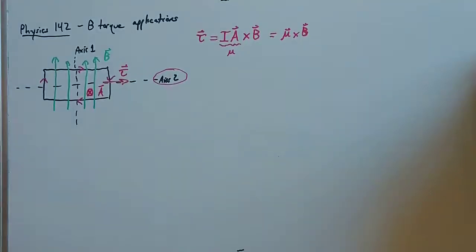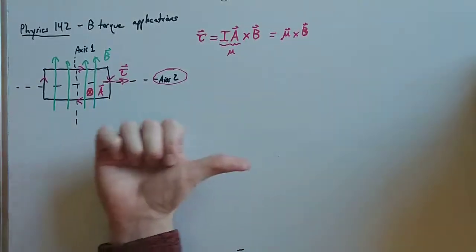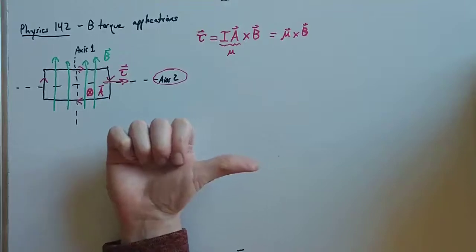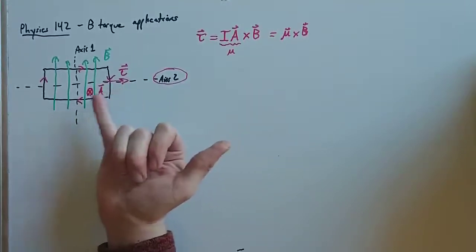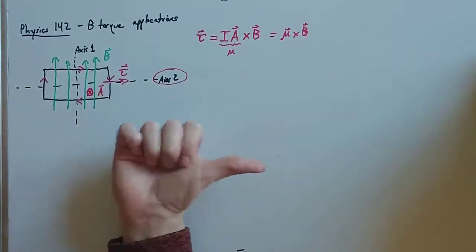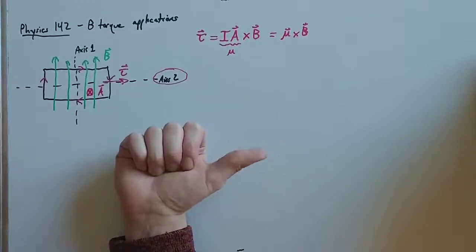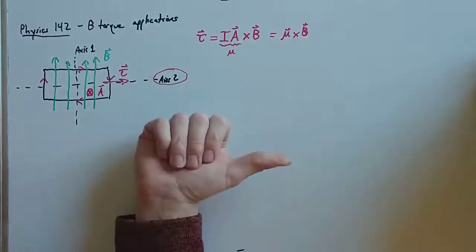So what does that mean about the rotation? Well, the torque direction shows you the axis it will rotate around. So it's going to rotate around this axis 2, and so I point my thumb along that axis.